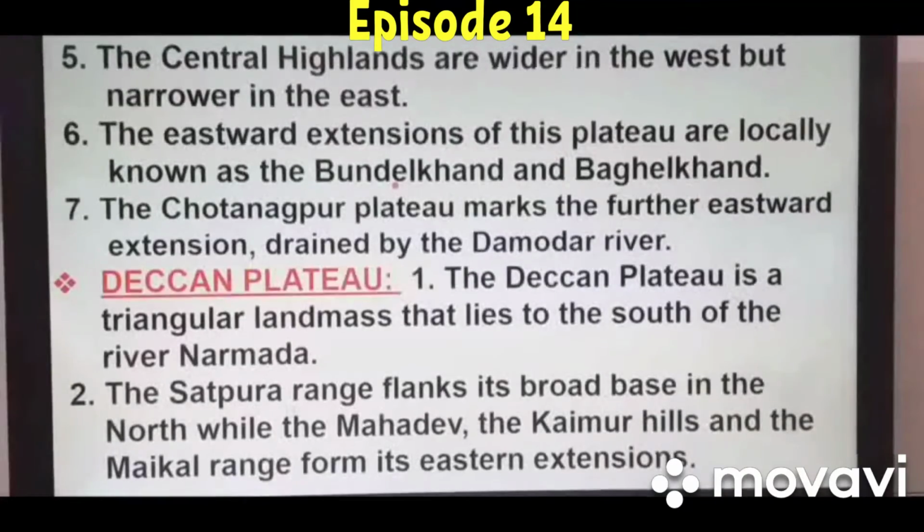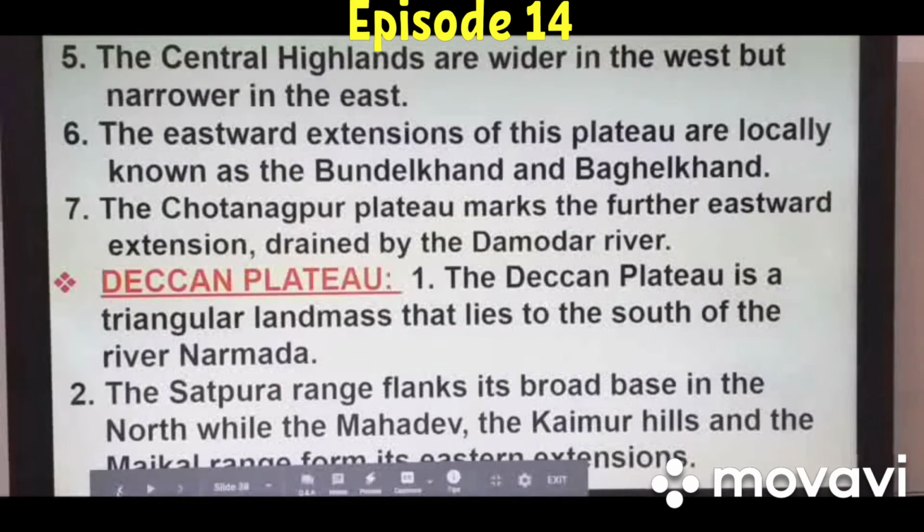As we move towards the eastern direction, there are some subdivisions, and this plateau is locally known as Bundelkhand, then Baghelkhand. Further, the Chota Nagpur plateau marks the further eastward extension, drained by the Damodar river.